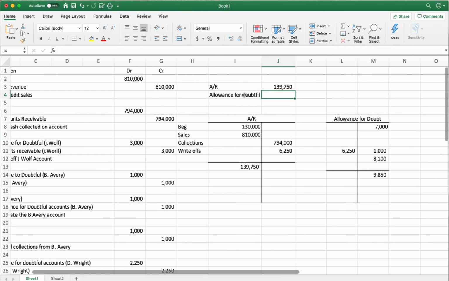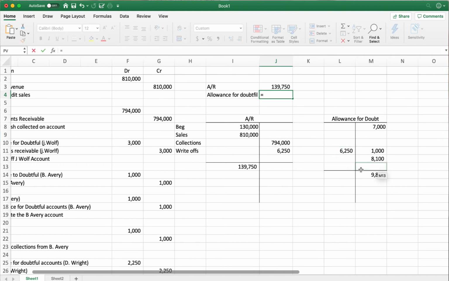That's my allowance for doubtful accounts. So what is my net then for accounts receivable? Gross accounts receivable minus my allowance for doubtful accounts. My net is $129,900. That is how you do problem P8-2B.